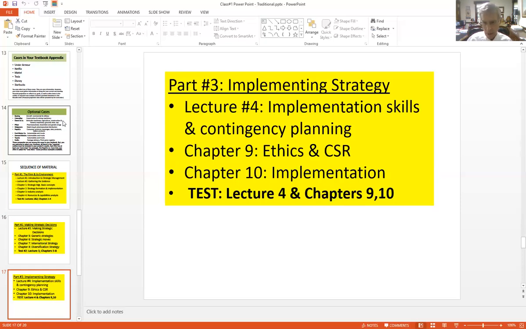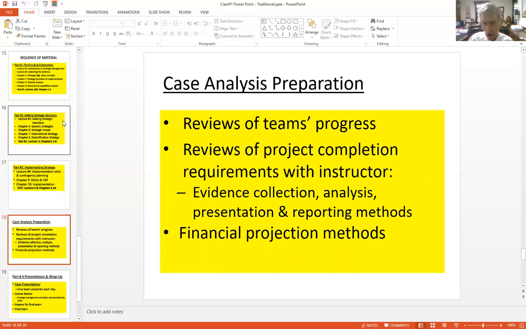Okay, so then we get to the case, and during the course, we'll stop a couple of times to check the progress of your team. You'll probably have to make a little mini presentation for 10 or 15 minutes just to explain how your team is doing, maybe show your financial projections, something of that sort.